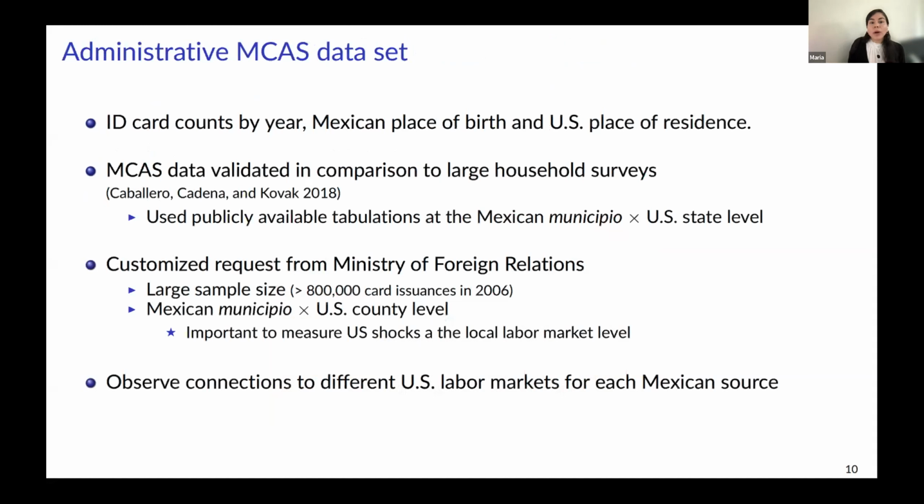So with some of the information on this card, the Mexican government made available tabulations on the counts of the cards by year, Mexican place of birth, and US place of residence.